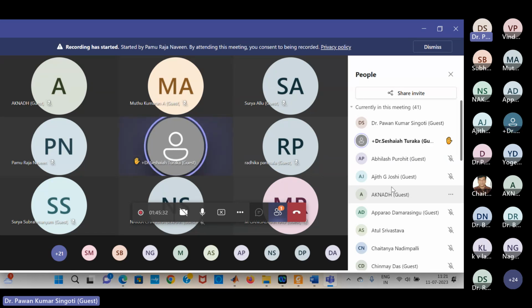Otherwise, if you search in Google, many well-designed materials are available, from the basics of how to start MATLAB, how to create a matrix, how to multiply, the arithmetic operations I showed yesterday. All are available in one book also. If you need anything, I will share with you.